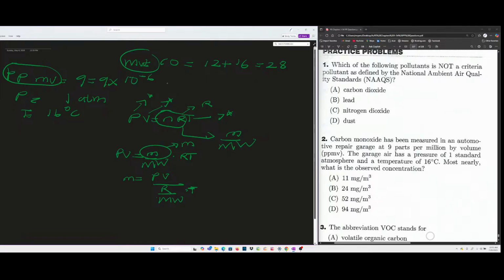Because of meter cube, this is still going to cancel because it has no unit, but this is what we're going to use.